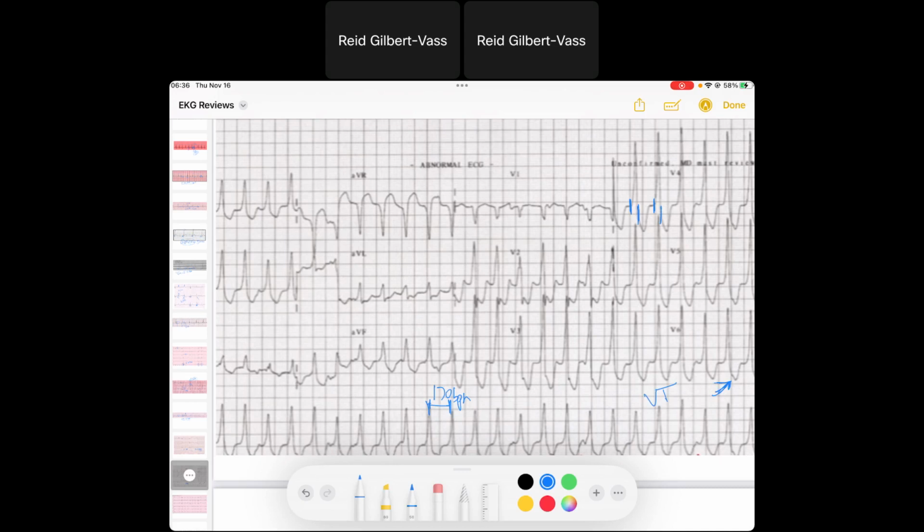So the reason I know this is a ventricular tachycardia is that you occasionally see these notched T waves, which tell me that every once in a while the AV node is conducting these ventricular depolarizations retrograde through the AV node and back into the atria, where we're getting a retrograde P wave. And that's something called AV dissociation in ventricular tachycardia.